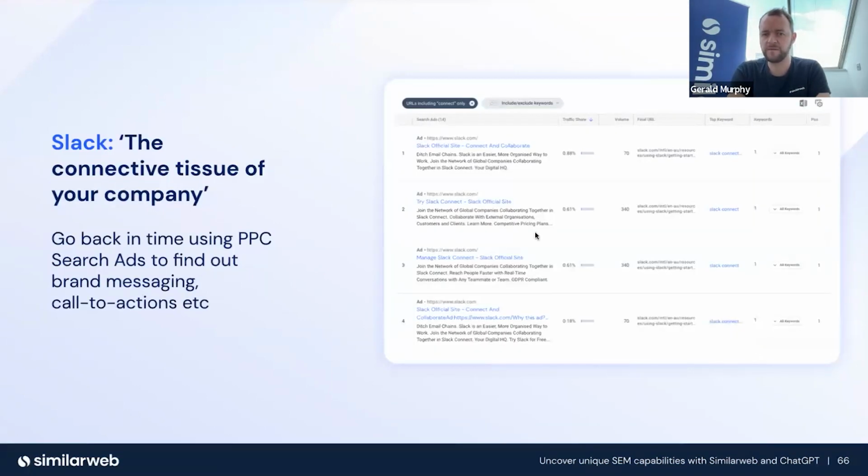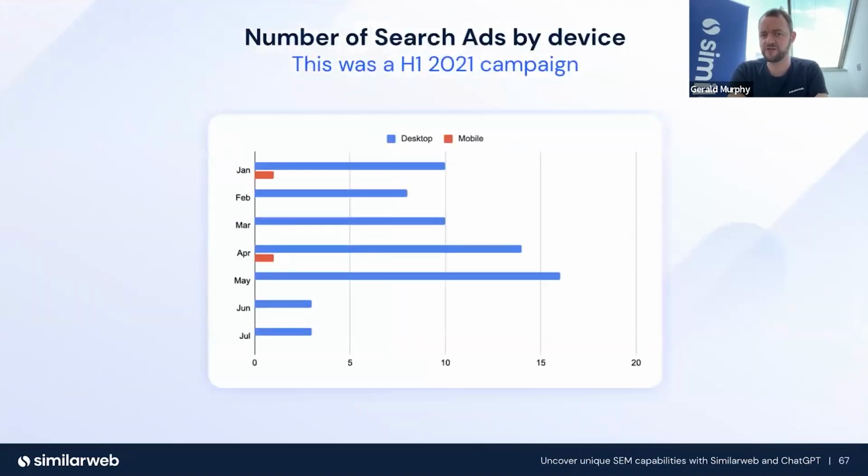You can then go in, use our search ad feature, look at that particular year overall. And more importantly, you can actually look at that month by month and find out which paid search ads, in this case, Slack was using. More importantly, it allows you to analyze what calls to action were they using, what brand messaging did they have. All of that's super valuable for analyzing competitors.